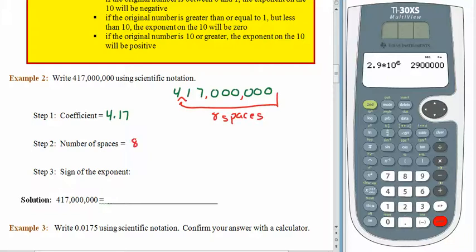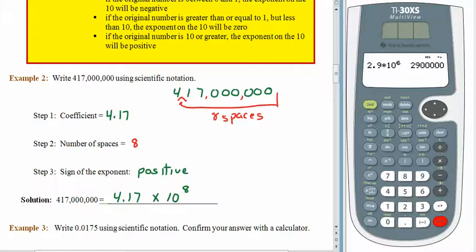So the number of spaces is 8. 8 is going to be the exponent on the 10. Is the exponent on the 10 going to be positive or negative? Well, it's going to be positive because 417 million is much farther away from 0 than 10. So we have 4.17 times 10 to the 8th power.